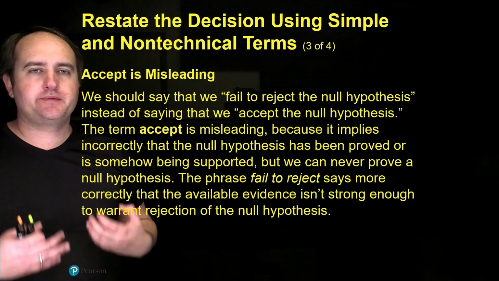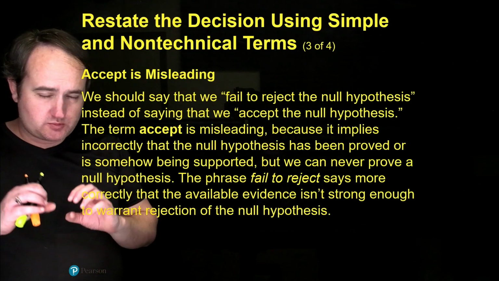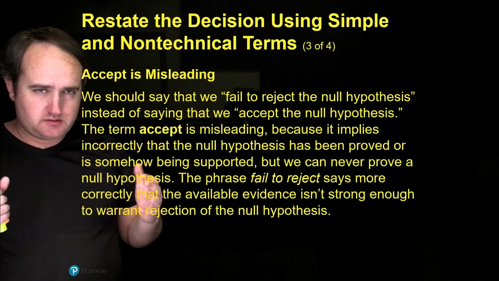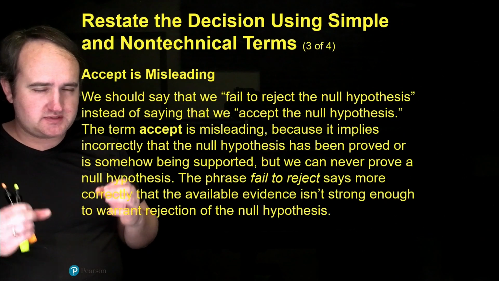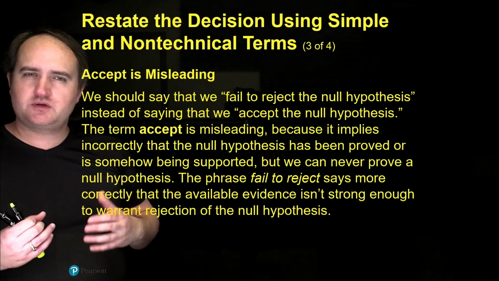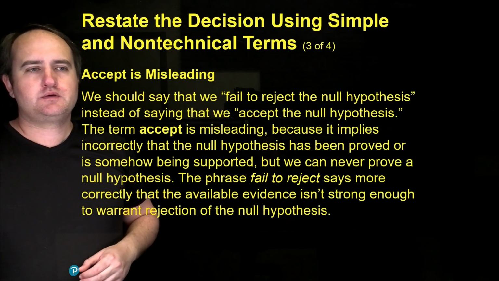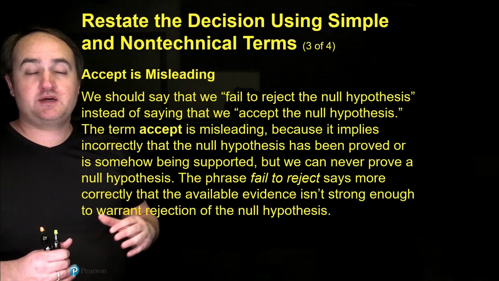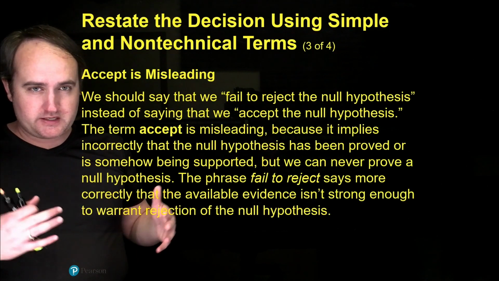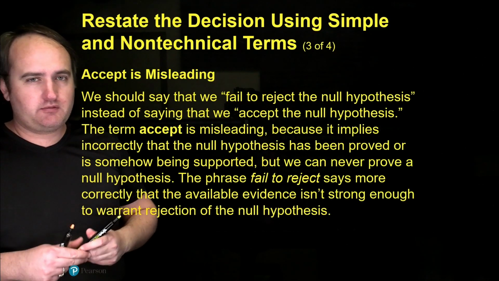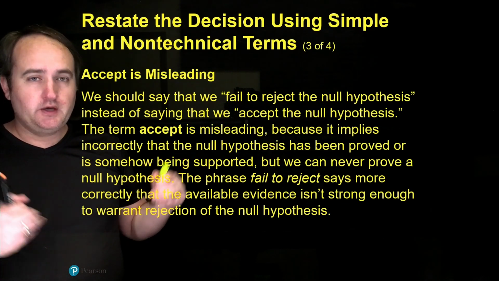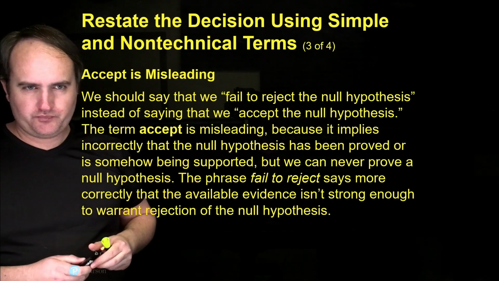You can't prove, this is just one statistical test. You're not going to have a census. In your statistical test, you have a sample. Because you're not doing a census, you can't prove something. The only way to prove it would be if you have a census of the whole population. But then it's not really statistics. Then your p hat would equal p.